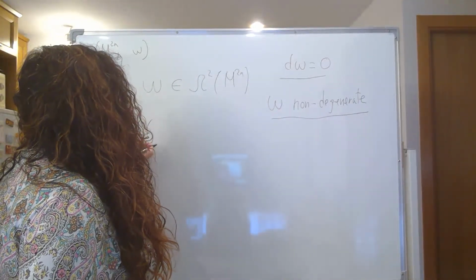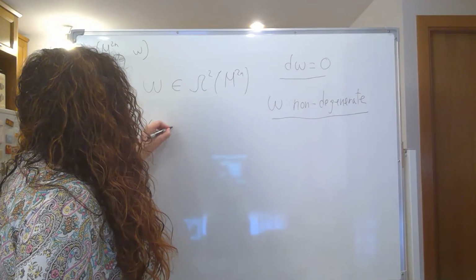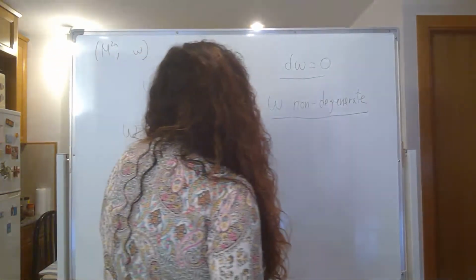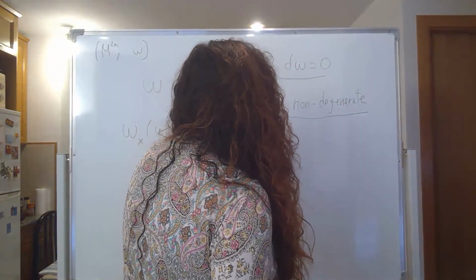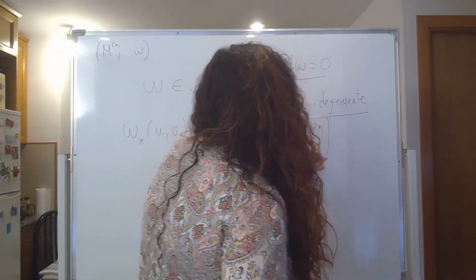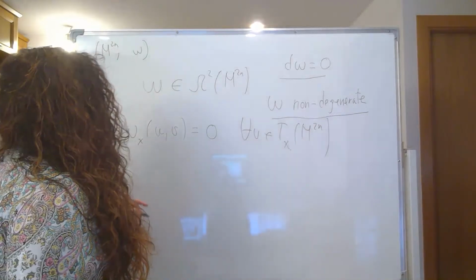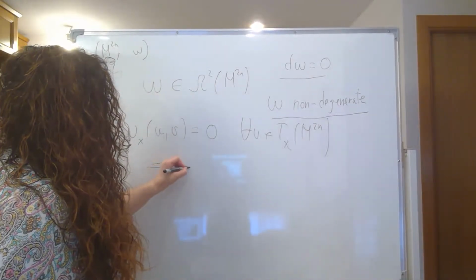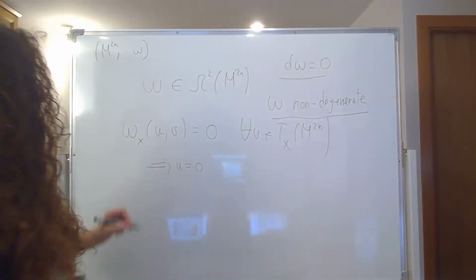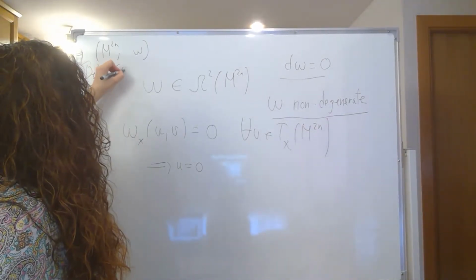Therefore, we may think that the condition of non-degeneracy means that if this condition is satisfied for all v in the tangent space at the point that I'm considering, then u has to be 0. So it's a condition that I can think of in linear algebra terms. That's the definition of symplectic form that we saw.